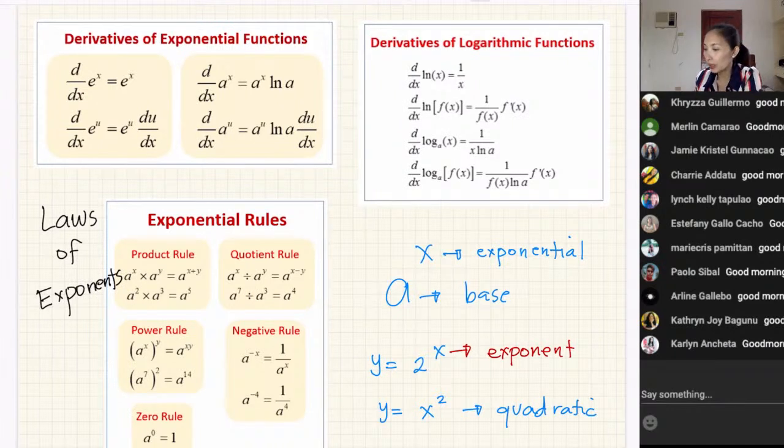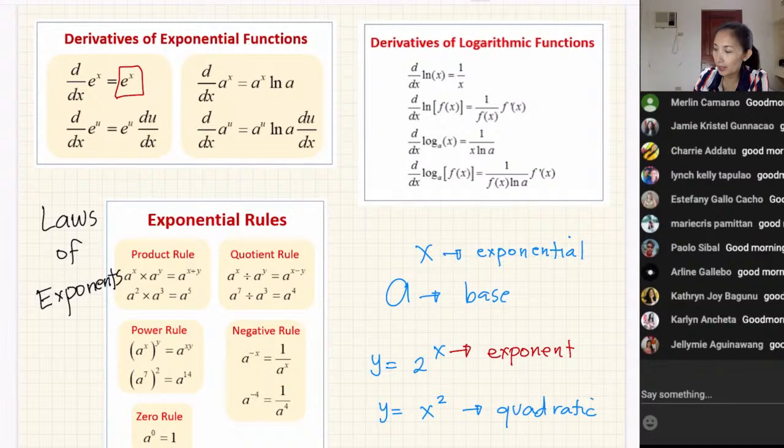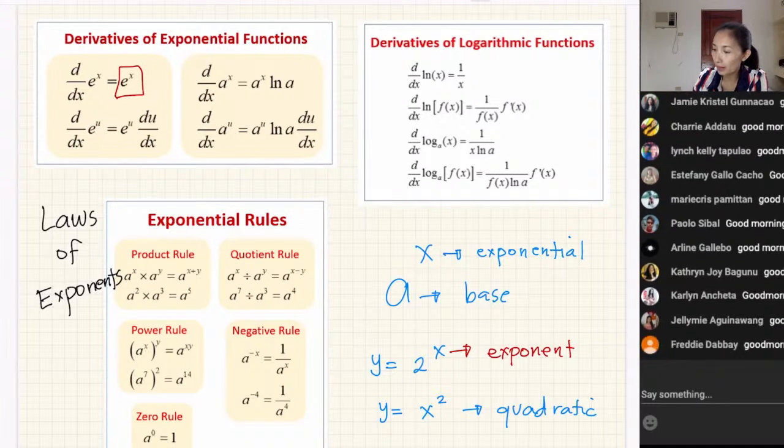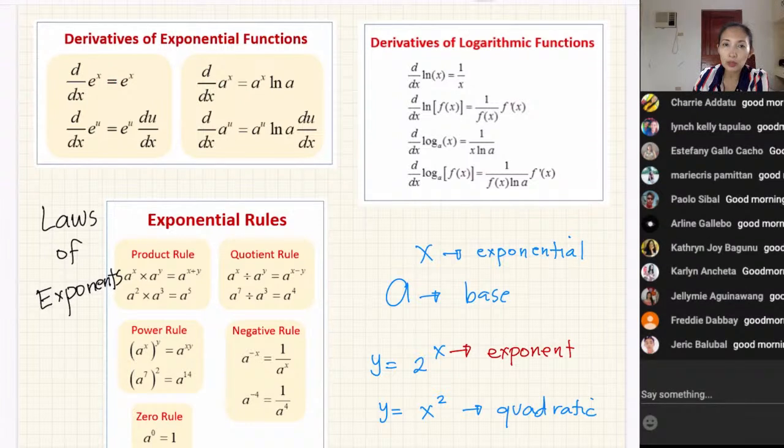Therefore, we have two types of exponential function: those whose base is e, and those whose base is a. This morning, we shall look into these two forms of your exponential functions.